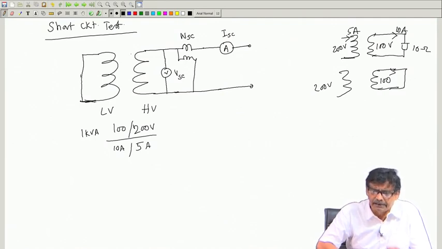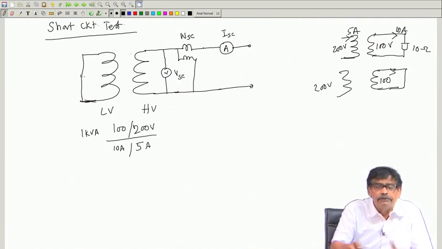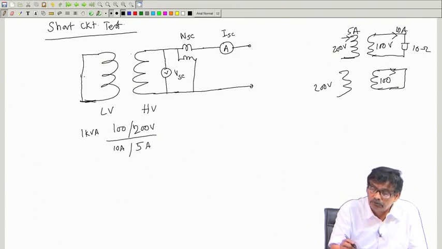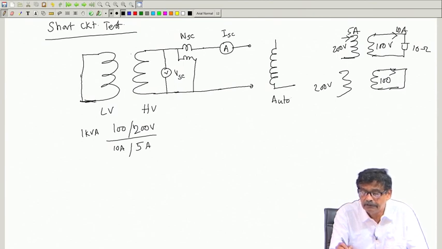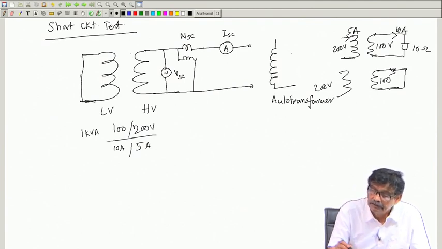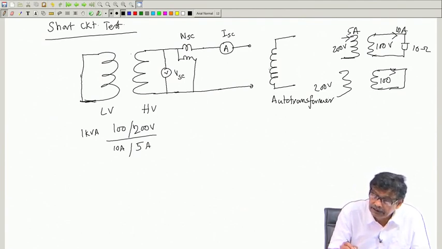I should not apply such a voltage. Under this scenario, it will be like this. You must have an arrangement here in the form of an auto transformer, which you must have used. So, this is the auto transformer. Do not forget to connect an auto transformer, where the output voltage can be varied starting from 0.